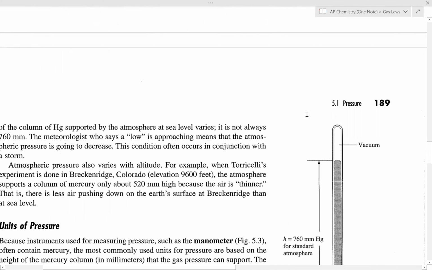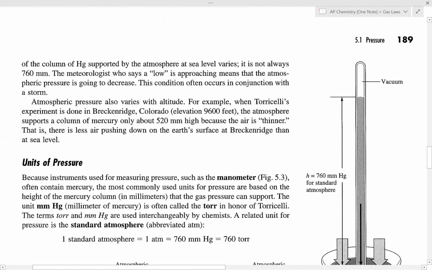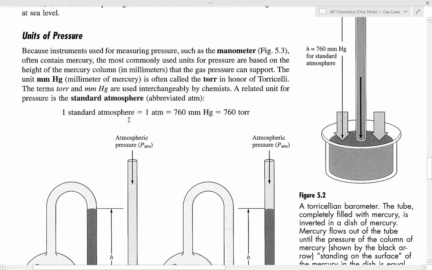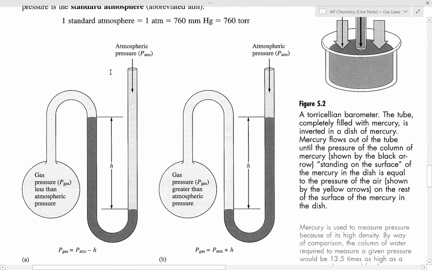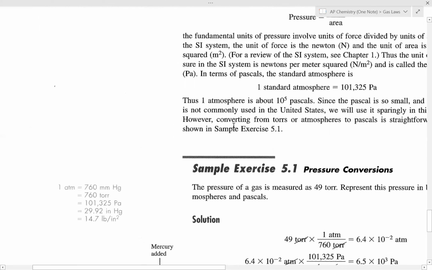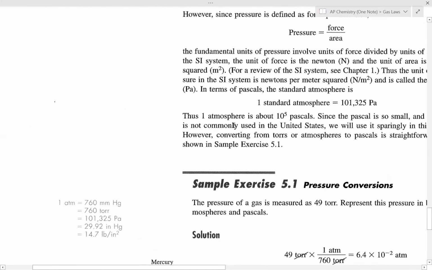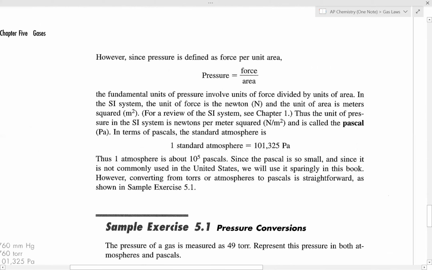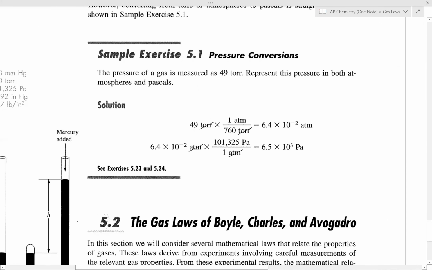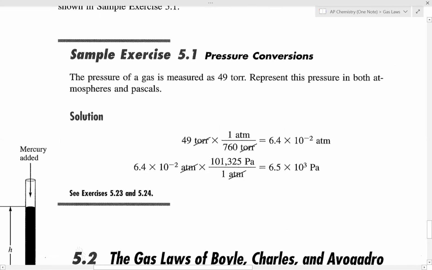All right. And here on page 189 in your textbook, you can read over what a manometer is, and what the units of torr or millimeters of mercury are. Again, they give you a diagram similar to what I had done in your notes. As well, if you take a look on page 190, they talk about pressure being equal to force divided by area, and they go over an example of simple conversion between one unit and the other.